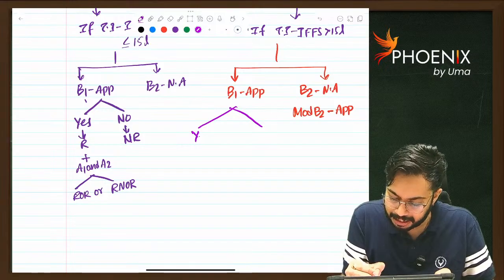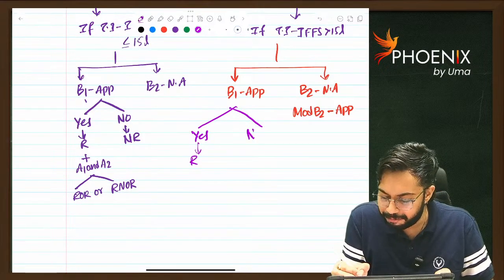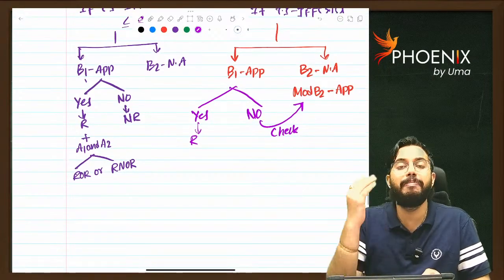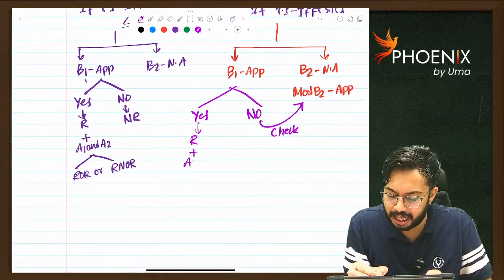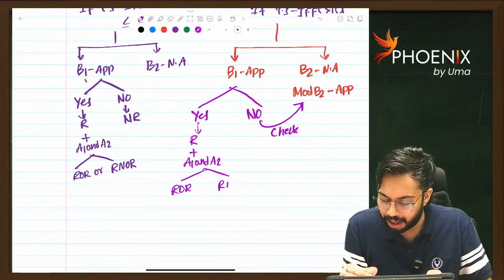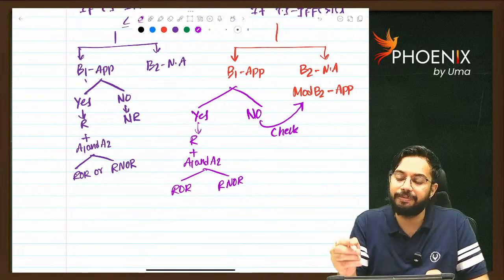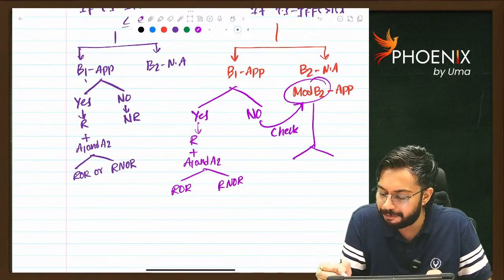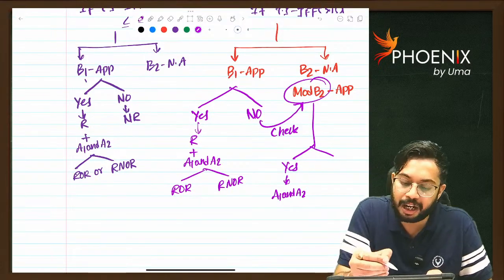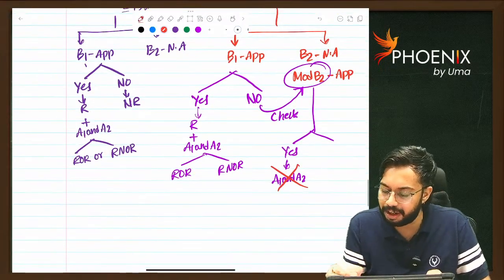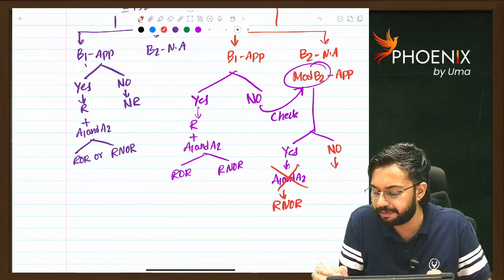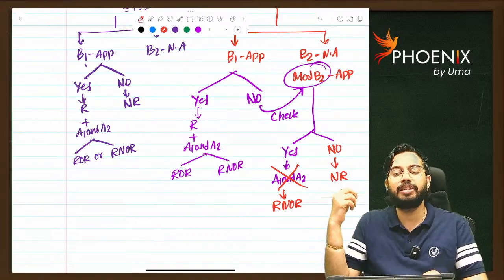If B1 is satisfied, he becomes resident in India, and then we will check A1 and A2 to determine whether he is ROR or RNOR. If B1 is not satisfied, then we will check modified B2. If modified B2 is satisfied, then A1 and A2 are not required to be checked; straight away his residential status will be RNOR. If modified B2 is not satisfied, then he becomes non-resident. Are you able to understand?